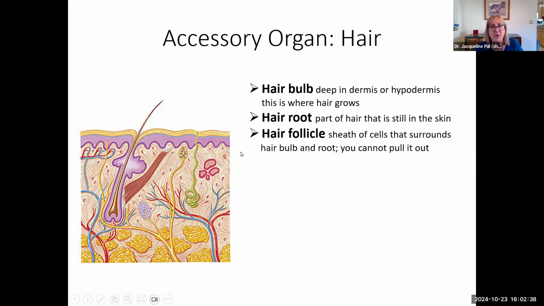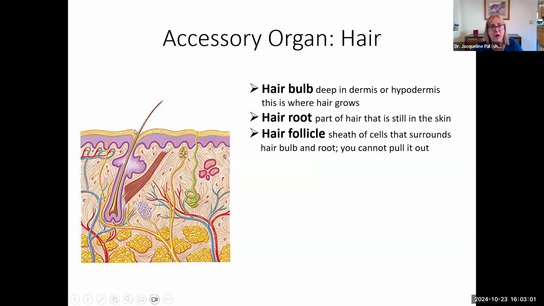And these cells are known as the hair follicle, this sheath of cells that completely surrounds the hair bulb and the hair root. When you pull out a hair, you do not pull out the hair follicle. You just are pulling out the hair root and the hair bulb itself.